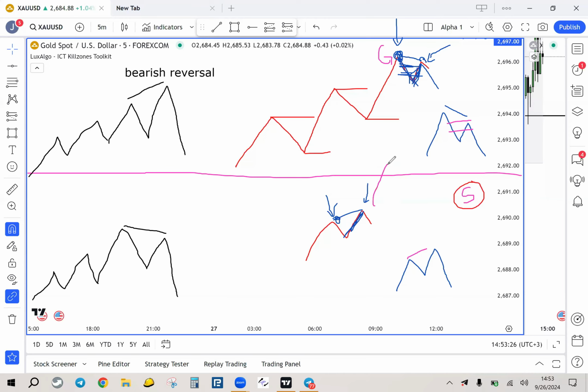Gold has been going up for quite some time, and now a pullback will start. If a pullback will start, it means that the drawn liquidity is likely not to be a previous higher low. It's likely to be a higher time frame fair value gap. Does it make sense?